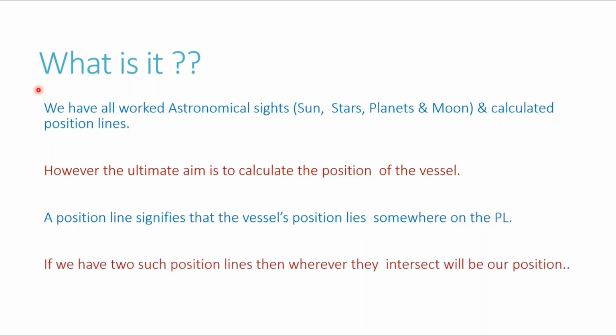Now for getting a fix, we need to have a minimum of 2 position lines. If we have 2 such position lines, then we know that wherever these position lines intersect will be our position. So this is our ultimate objective for site taking, that we should be able to obtain at least 2 PLs, and combining those 2 PLs, we should be able to get the position of the ship.